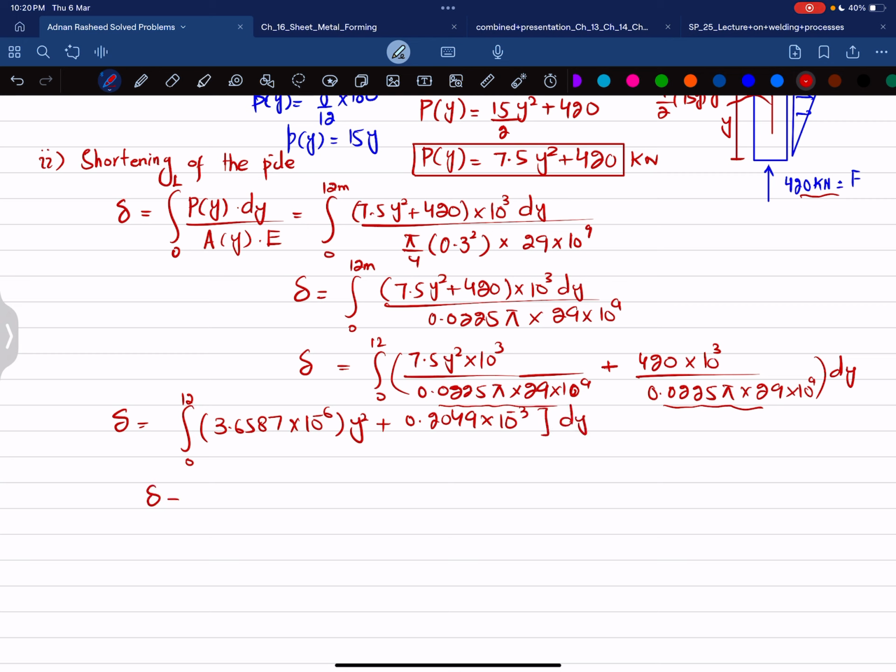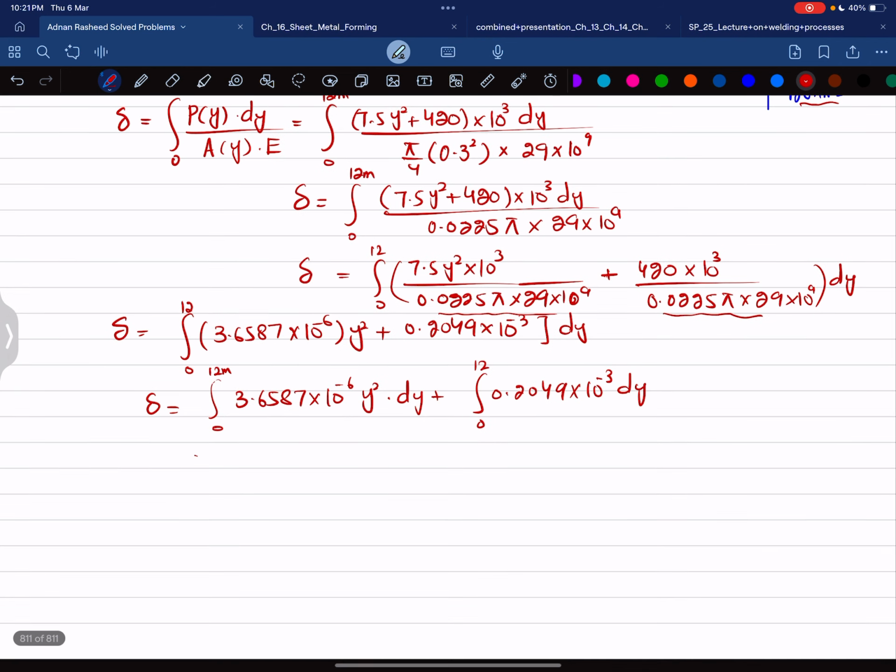So this change in length will be equal to integral from 0 to 12 meter of 3.6587 into 10 raised to power minus 6 y square dy, plus integral from 0 to 12 of 0.2049 into 10 raised to power minus 3 dy.